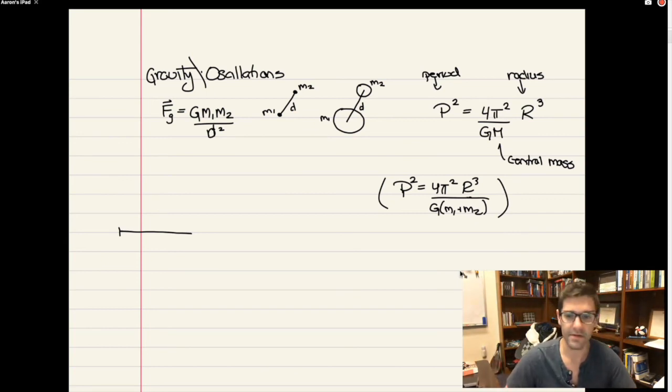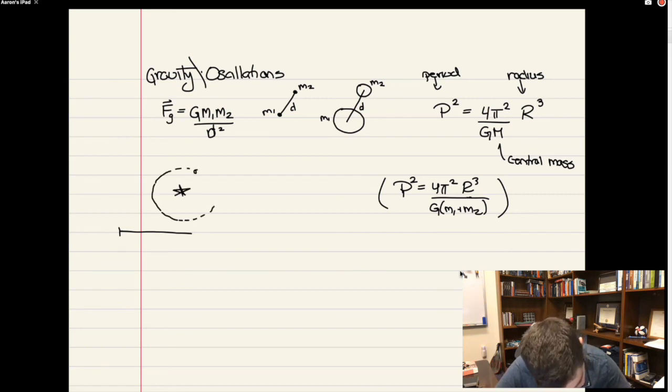And then one of the other things we were able to derive for uniform circular motion is a version of Kepler's third law, which says that the period of the object as it orbits around another object, so you might have the sun, you might have the Earth going around in a circular orbit a distance r away.